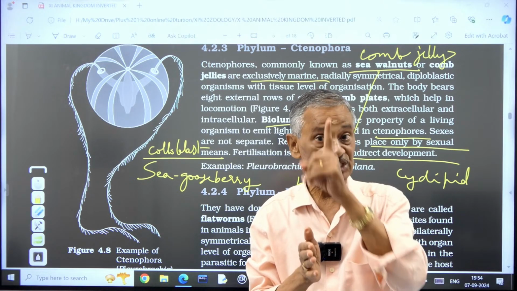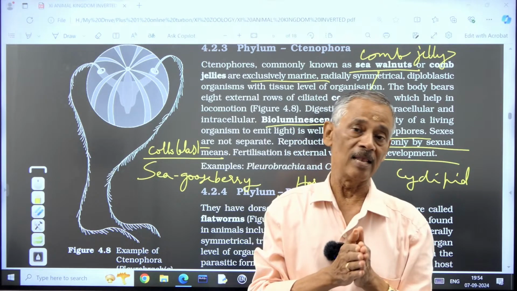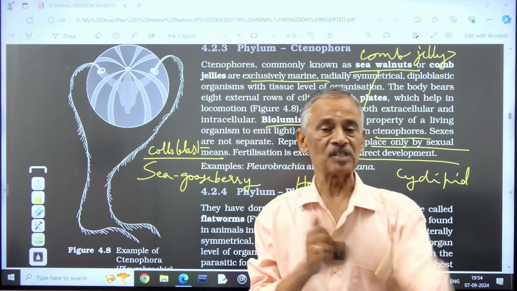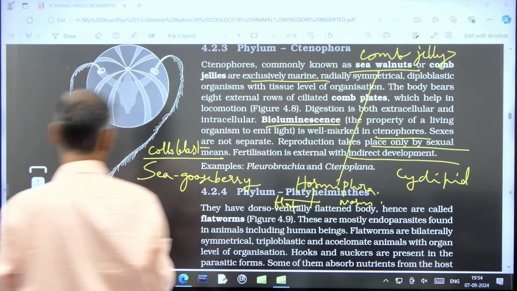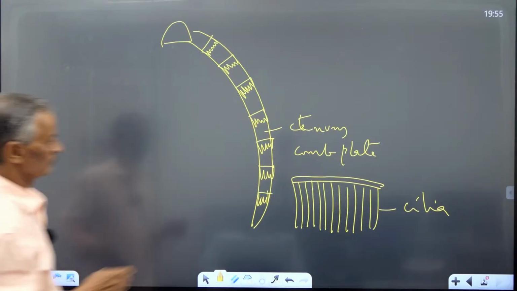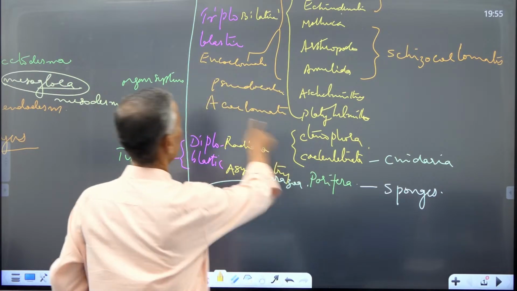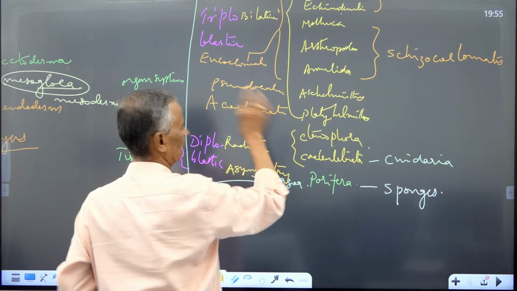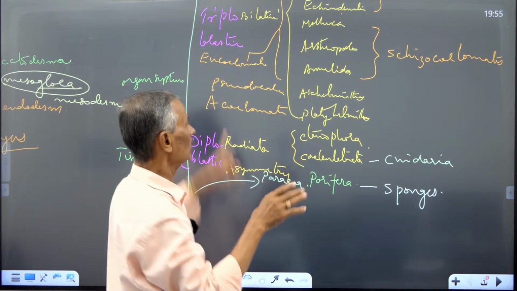This is the first among the bilateral animals which are all triploblastic, and among them it is the only phylum which is acoelomate. That is a characteristic, distinguishing feature of this phylum.